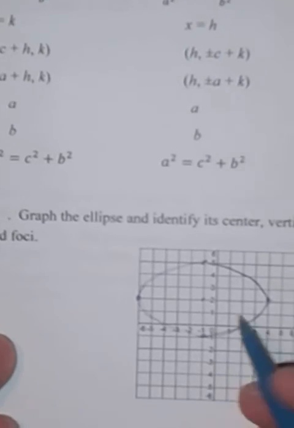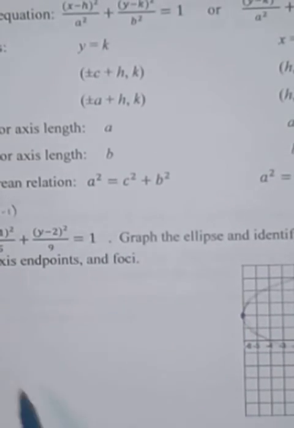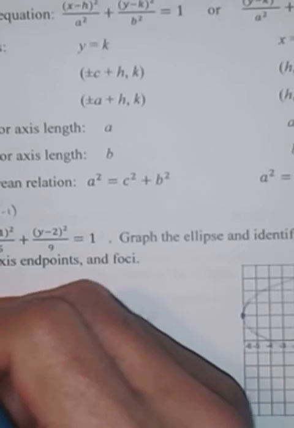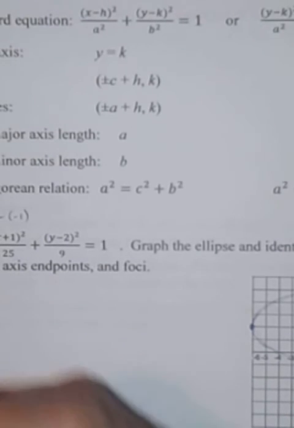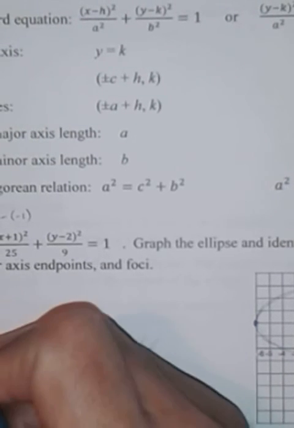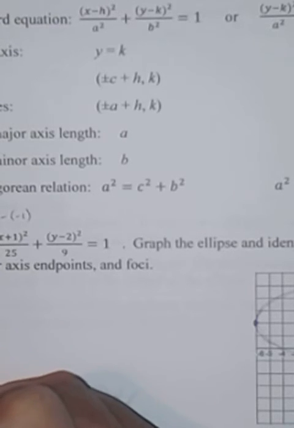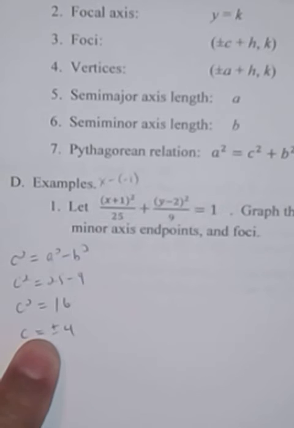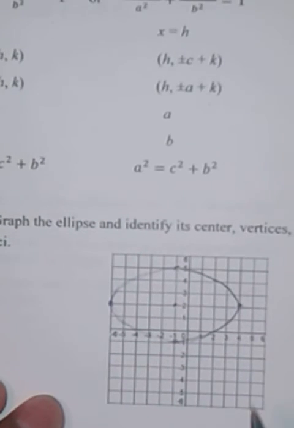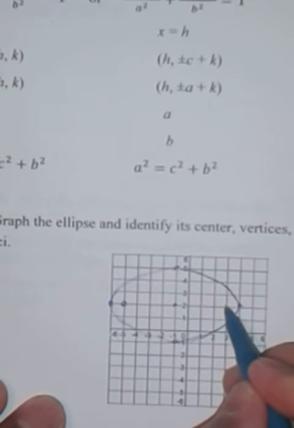All right, so now my foci are, remember, a squared equals c squared plus b squared, so c squared equals a squared minus b squared. So c squared is 25 minus 9, which is 16. So c is plus or minus 4. That's 4 plus or minus 4 from center, right? So it'll be from center here and there.